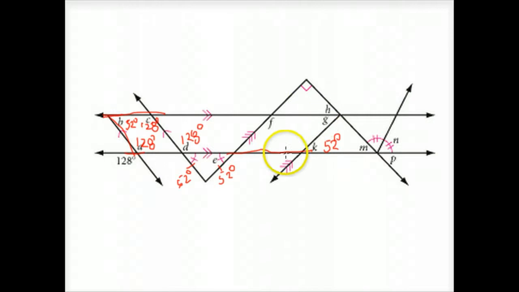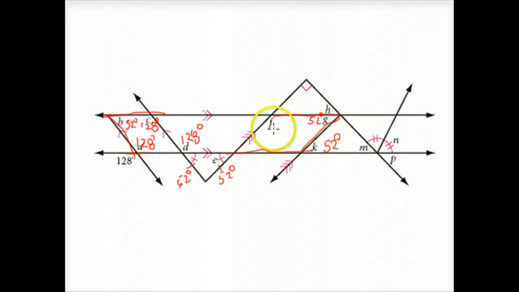Now we have, again, this is another transversal. K and G are alternate interior angles. So G is going to be 52 degrees as well. Okay. G and F, looking at these two parallel lines, and this as the transversal, are same side interior.